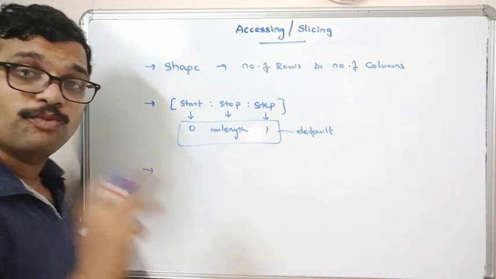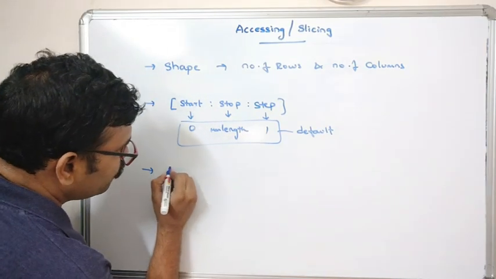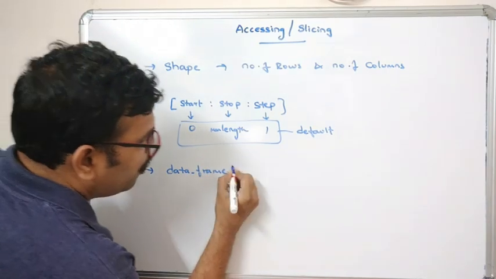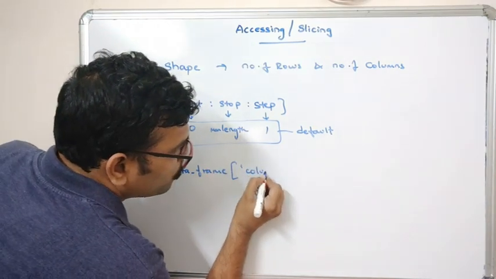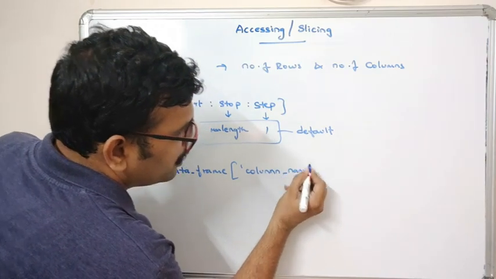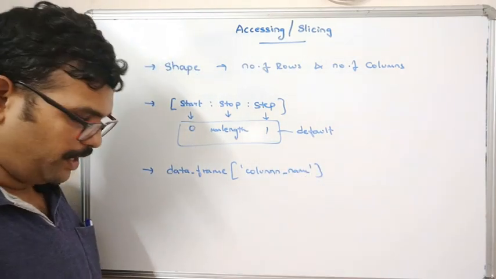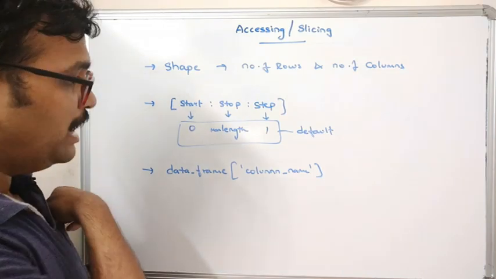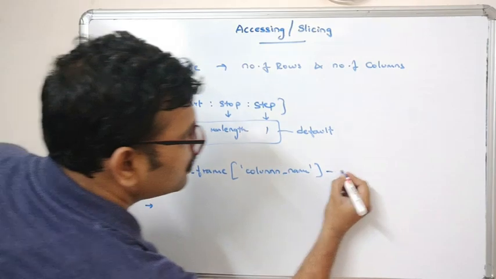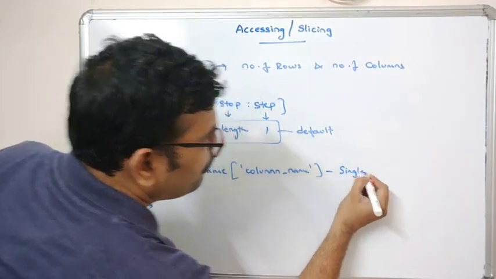And if you want to access only one column, then just go with the data frame which we have created and simply give the column name, so that only that column will be displayed. This is the single column.